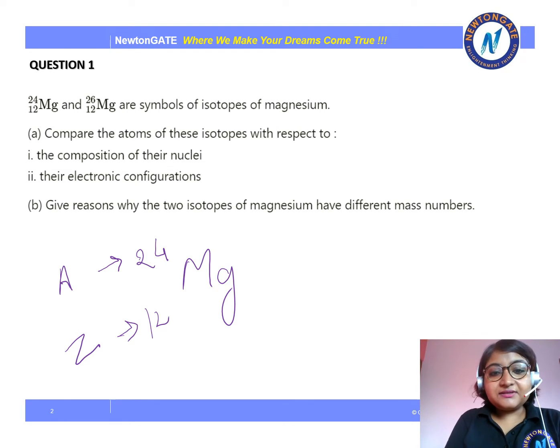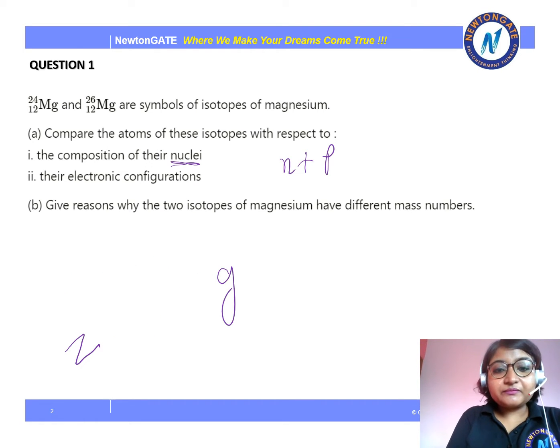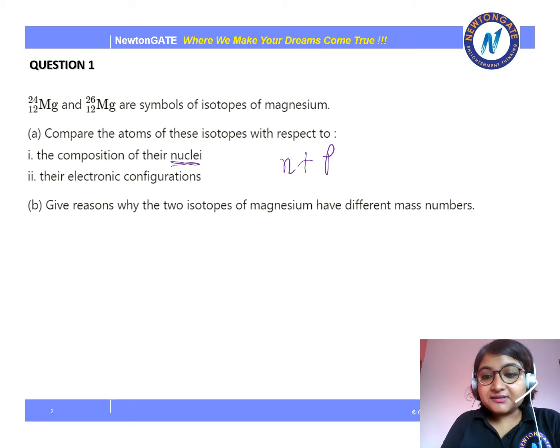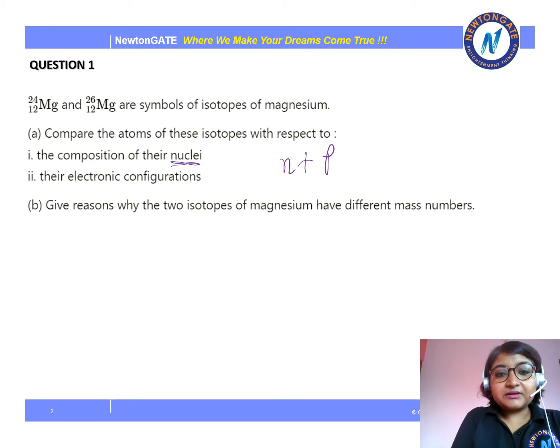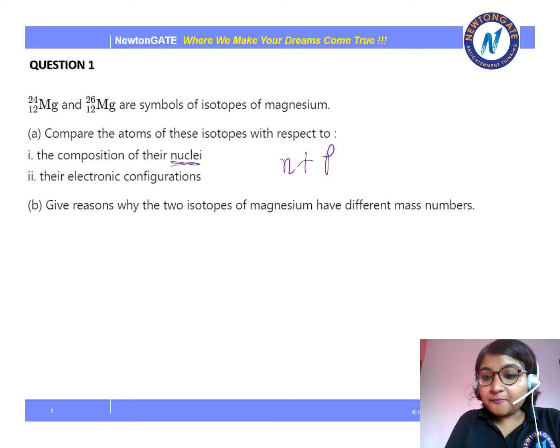Now in these two isotopes, in the nuclei you have the neutrons and the protons. Okay, for magnesium which has the mass 24, how many protons?